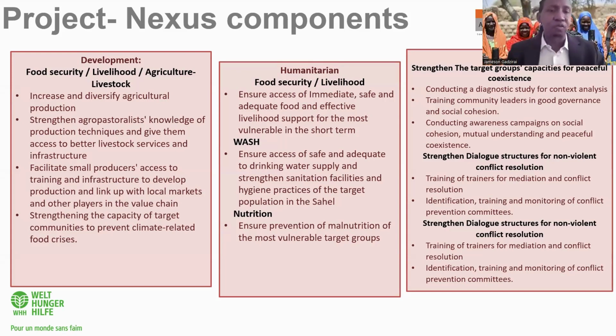So on the one hand, through the development phase, agriculturalists are able to be supported in that regard. But we are not forgetting also the pastoralists, because the main aim of our project is to ensure that there is balance and there is food security and opportunities for both pastoralists as well as agriculturalists.